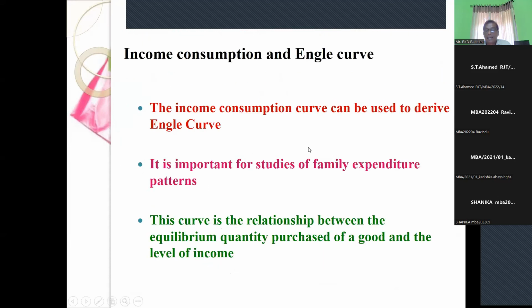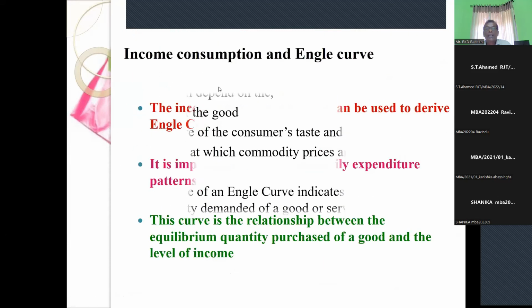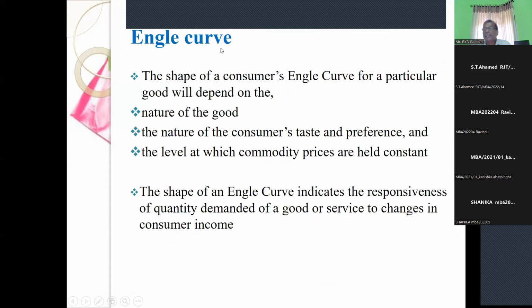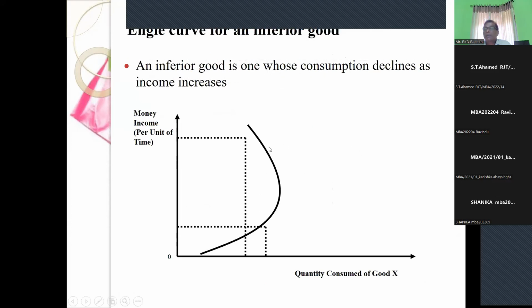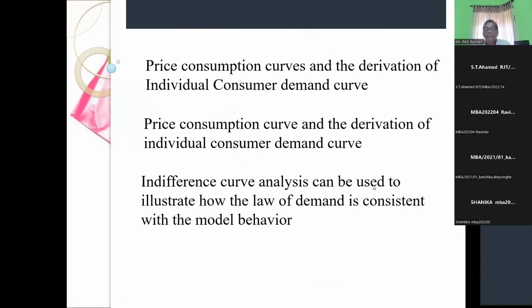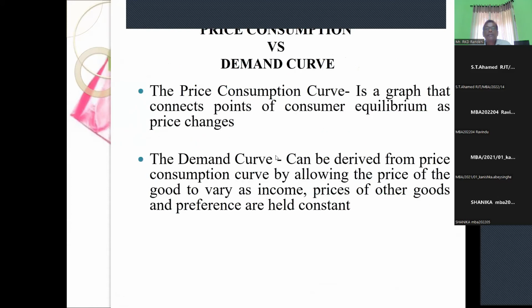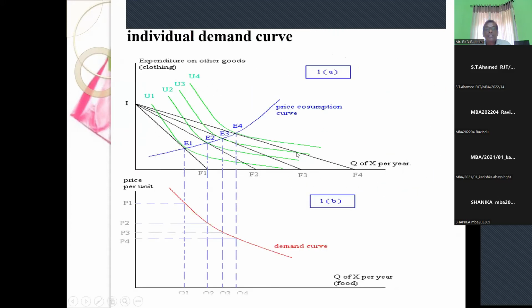Then through the ICC you can derive the Engel curve, right? Now this is the Engel curve. From the shape of the Engel curve, you can identify the commodity. Now this is PCC. When the price of the commodity changes, the equilibrium also changes.